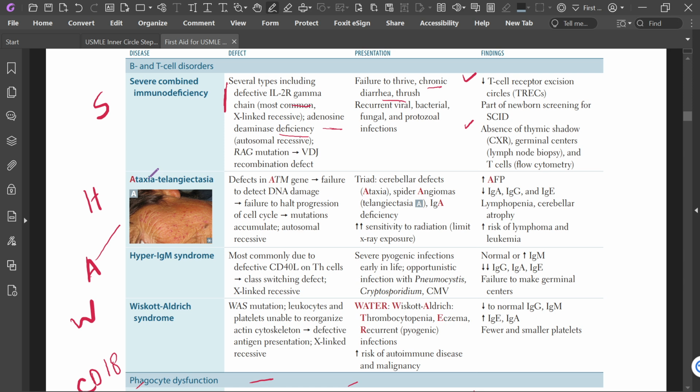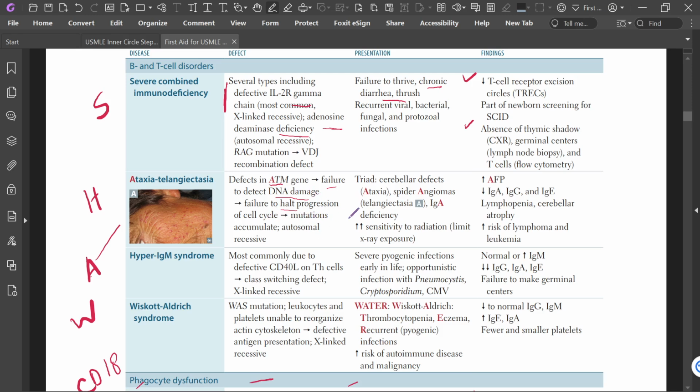In ataxia telangiectasia, there is a defect in the ATM gene, with failure to detect DNA damage and failure to halt progression of the cell cycle.